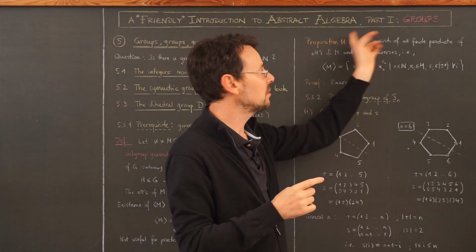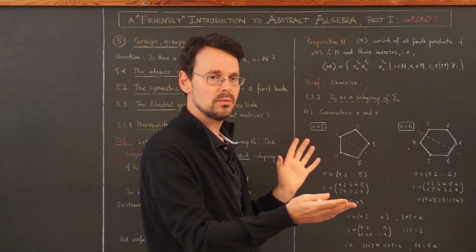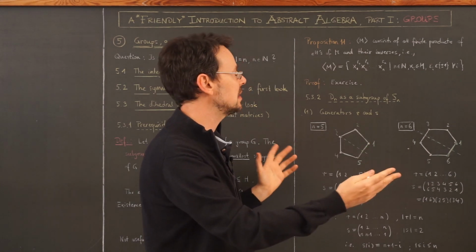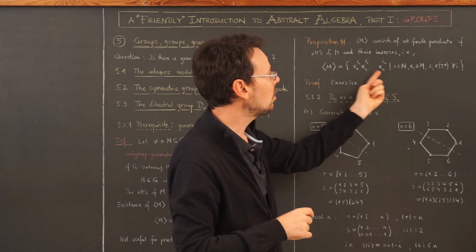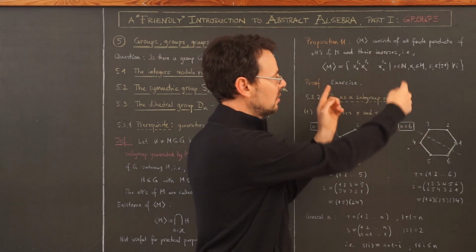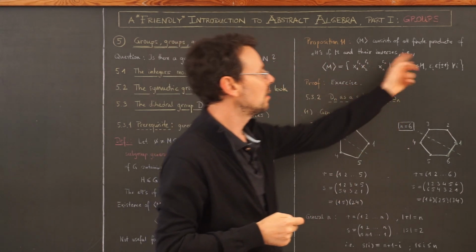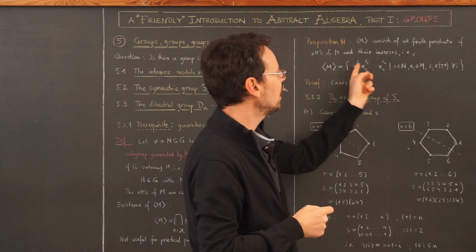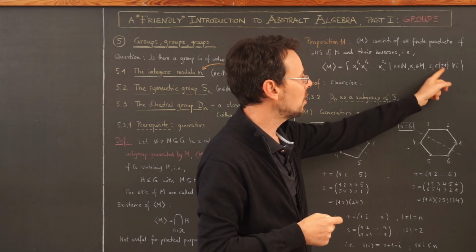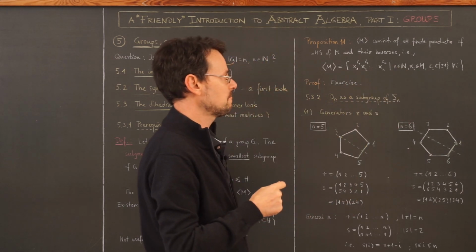And M need not be a finite set. We do not need to be in a finite group, so M could also be an infinite set, but still we take all the finite products, n can be any natural number, so I can take the product up to x sub 1 million or whatever, of elements of M, and each exponent here is either 1 or minus 1.